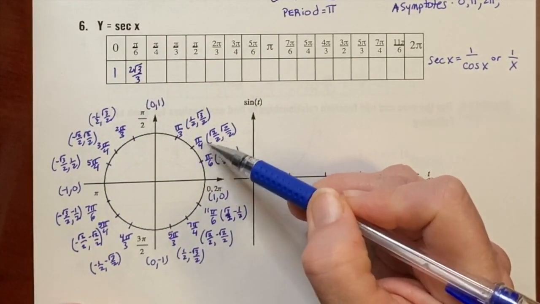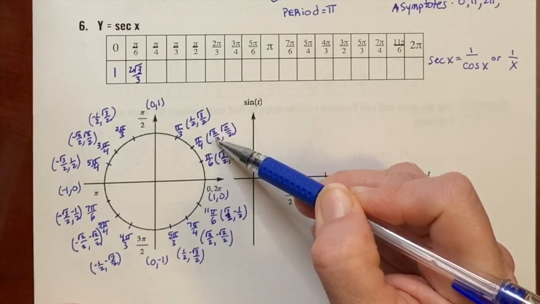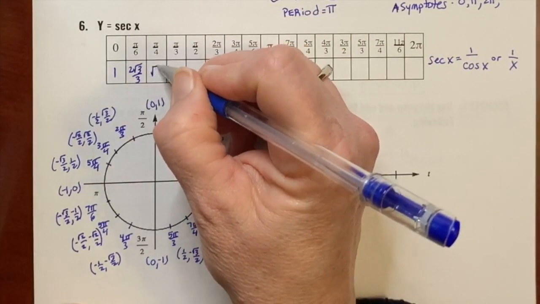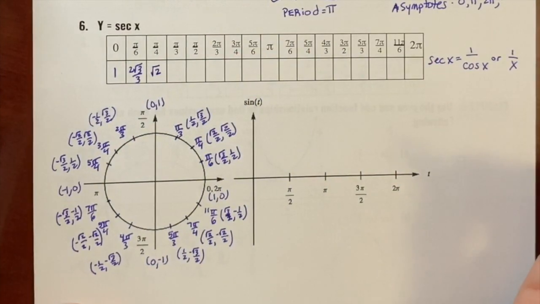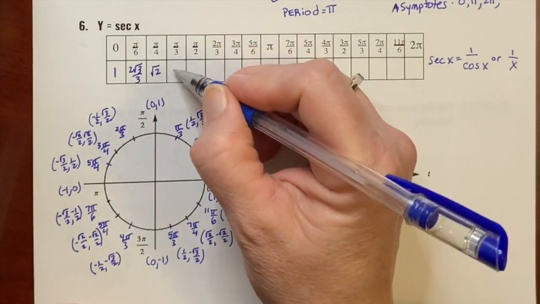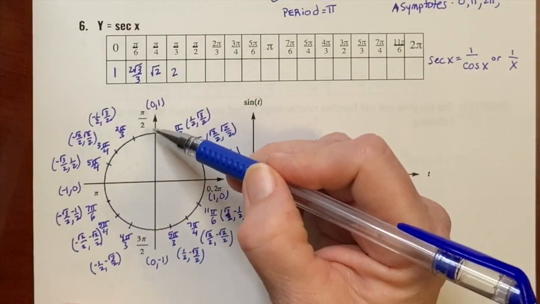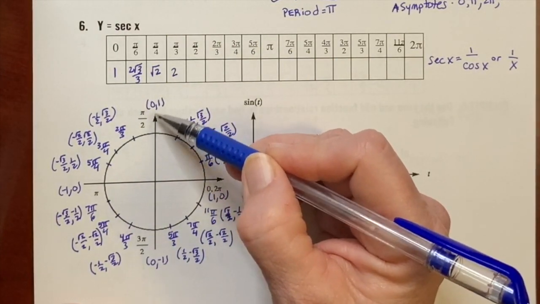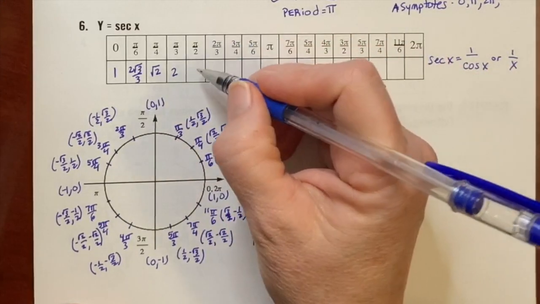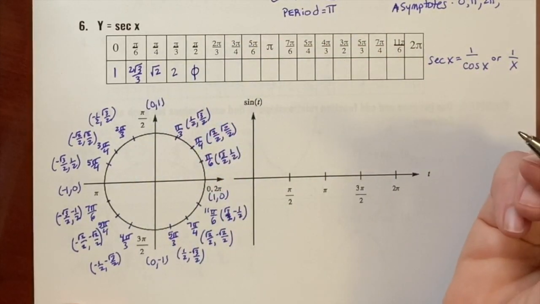As I go to pi/4, the reciprocal of square root of 2 over 2 is 2 over square root of 2, which simplifies to square root of 2. Then at pi/3, the reciprocal of 1/2 is 2. Getting up to pi/2, we have to take the reciprocal of 0, which is 1 over 0, undefined.